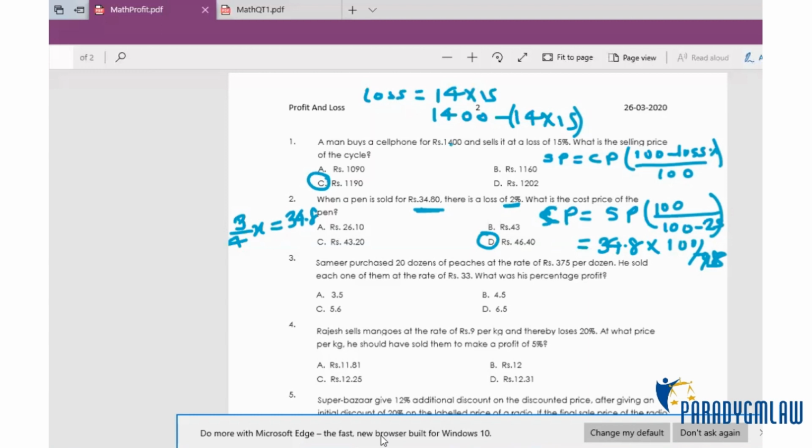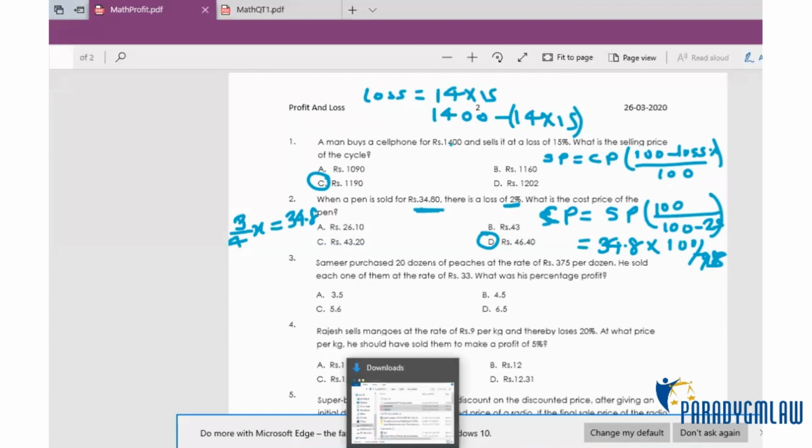Because they have given the selling price of 1, try to find the cost price of 1. You have to compare. If they have given 375 for 12, you also need to find the selling price for 12, or you can find the cost price for 1.